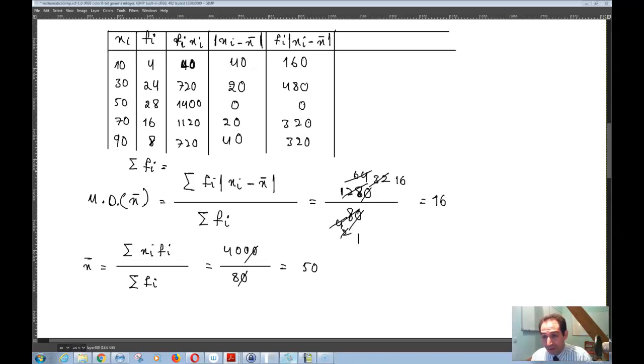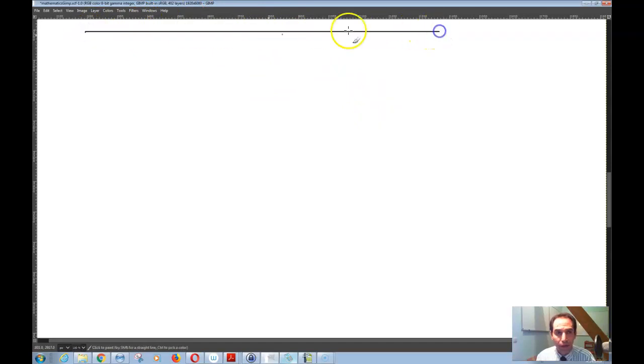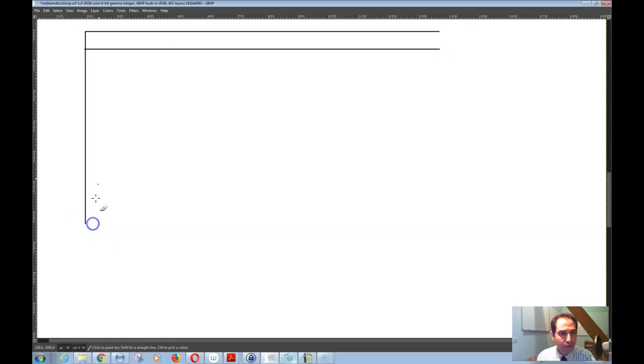Now we have some other data here, and this time we have the same kind of data, and we want to find the mean deviation about the median. So the data that we have is basically something like this.